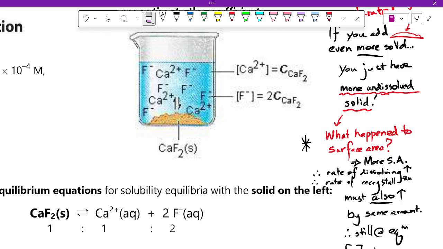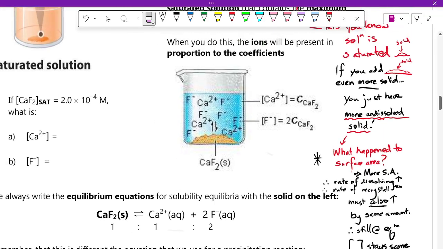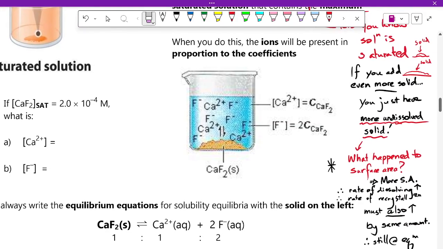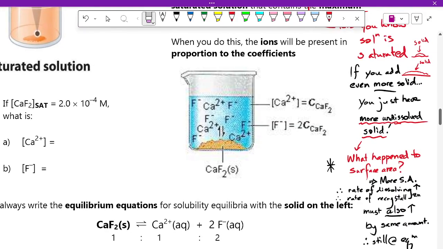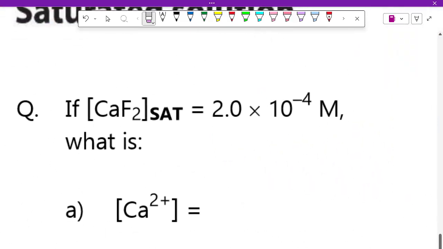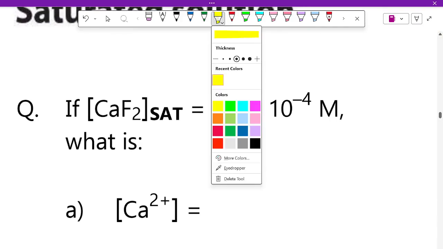Alrighty, so if we have this solution here of calcium fluoride, CaF2, if the concentration of CaF2 sat, what does that mean? Saturated.